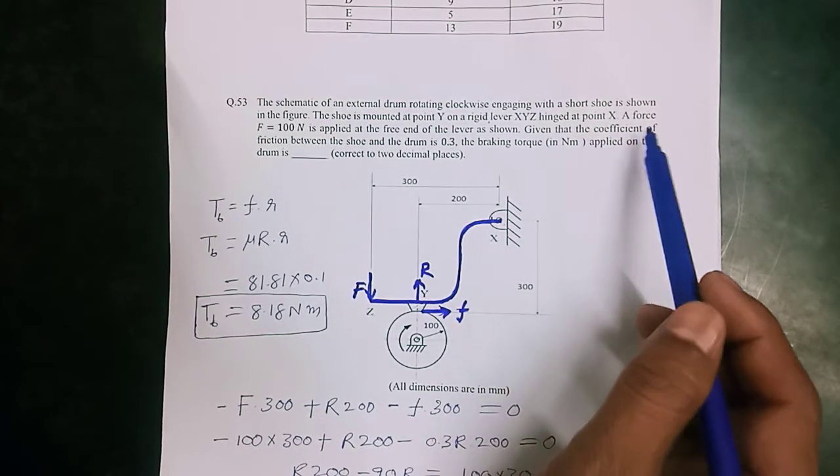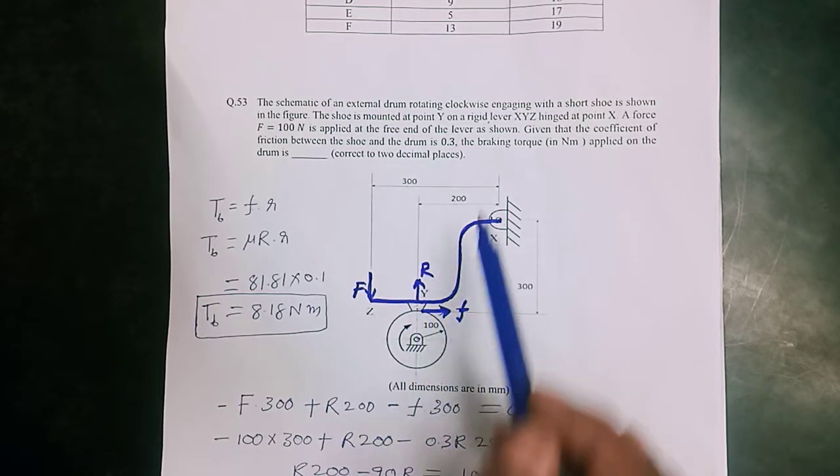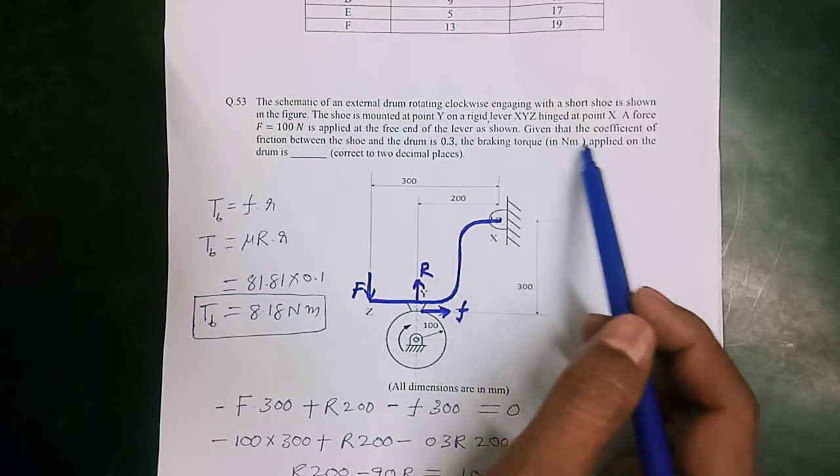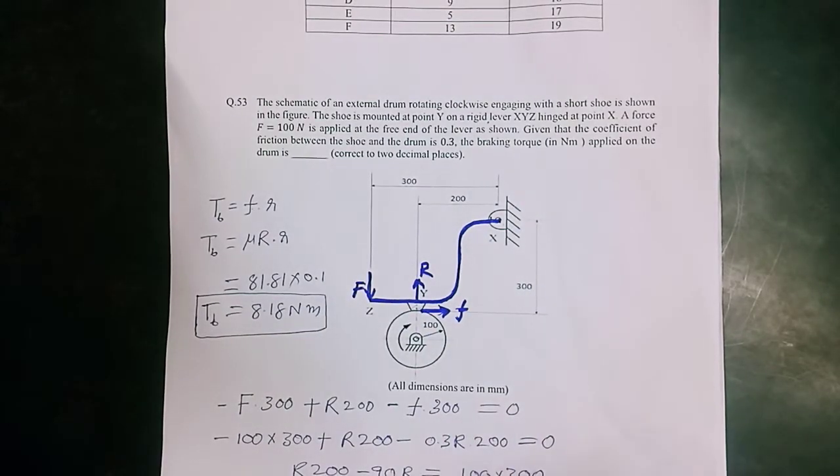Given that the coefficient of friction between the shoe and drum is 0.3, the braking torque applied on the drum is, all dimensions are in mm.